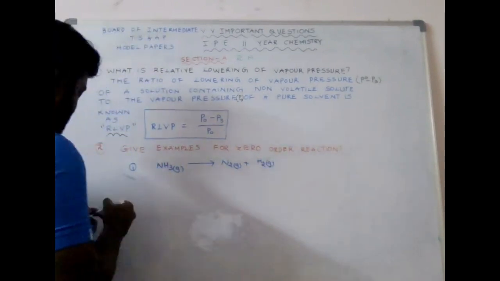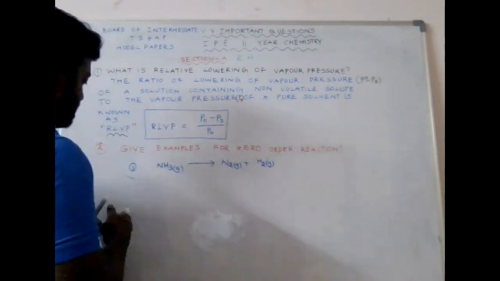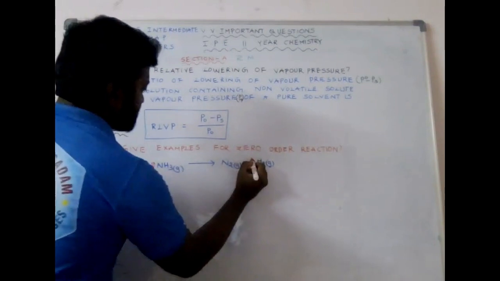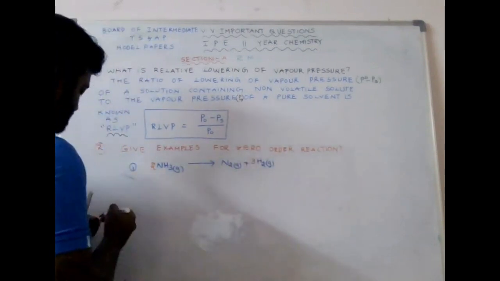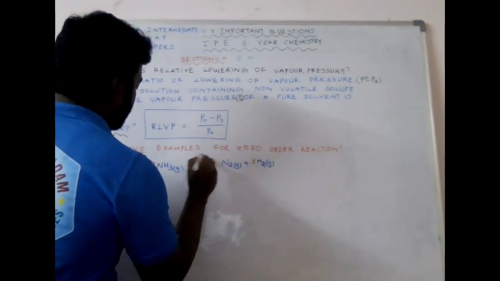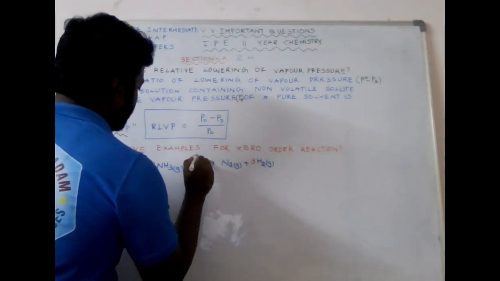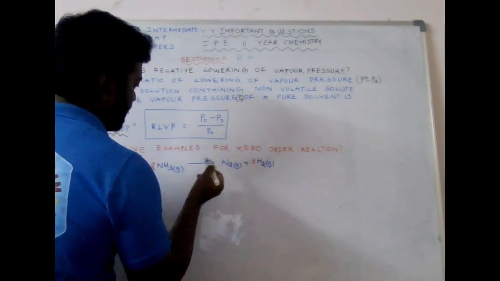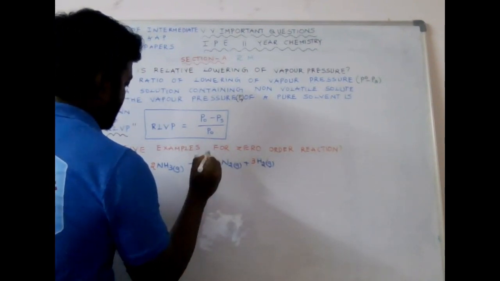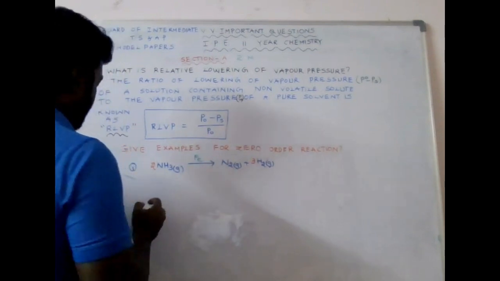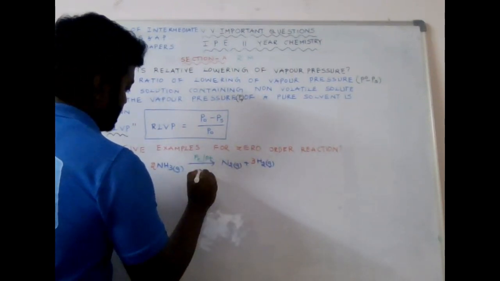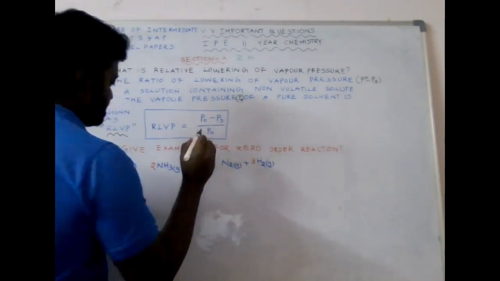To balance the hydrogen, we take 2NH3, since 2 times 3 is 6, that is why 3 here. The catalyst here is iron, and the next one we may use is platinum. We are heating this.